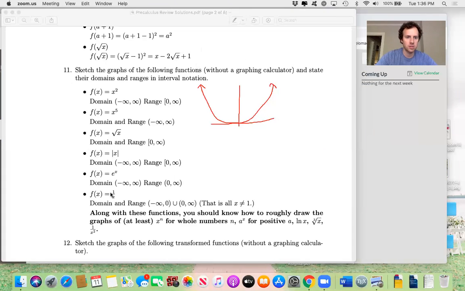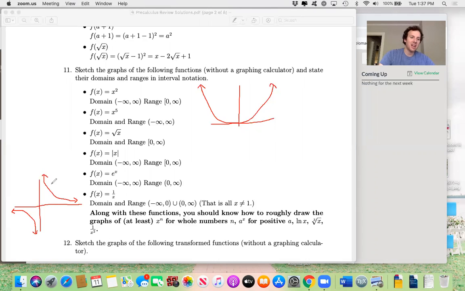As another example, say 1 over x. You don't have to have this perfect, but knowing that it has something like this: there's an asymptote here, and then a horizontal asymptote as you go out to the left and right.